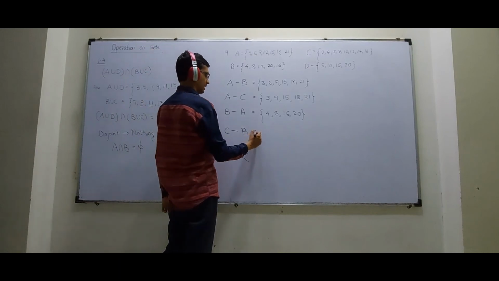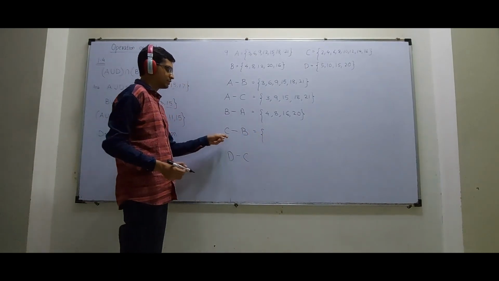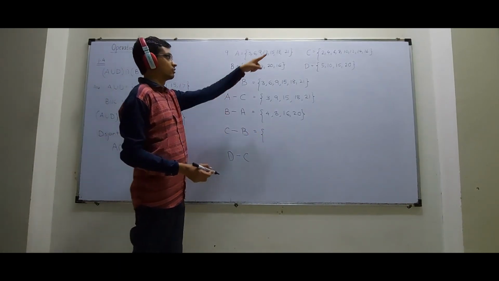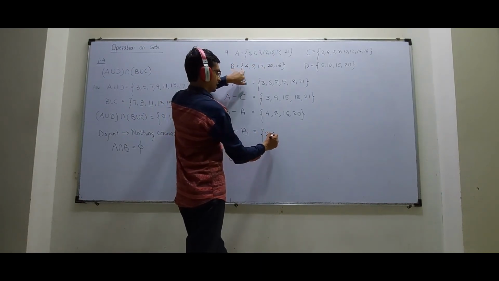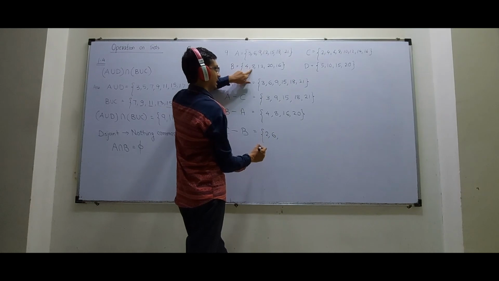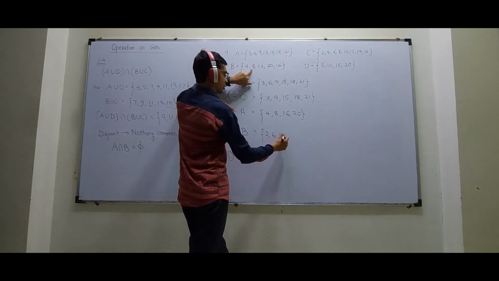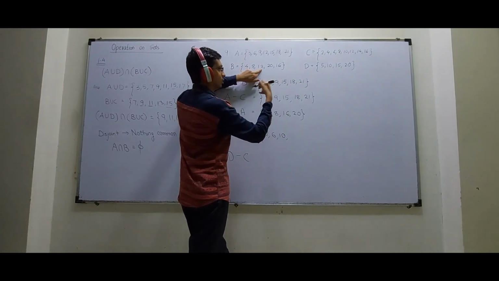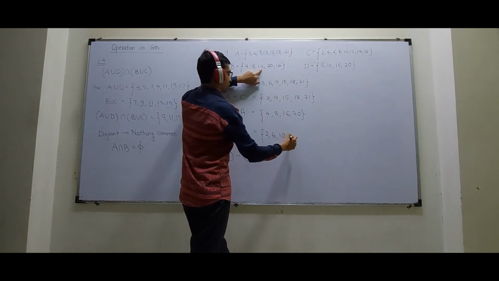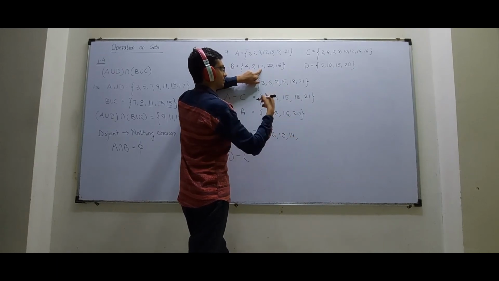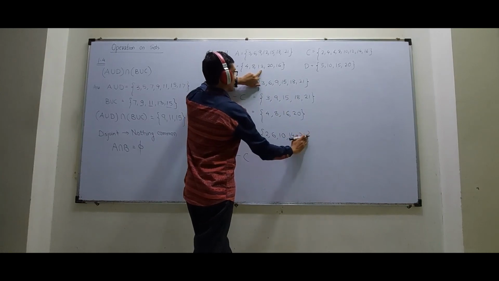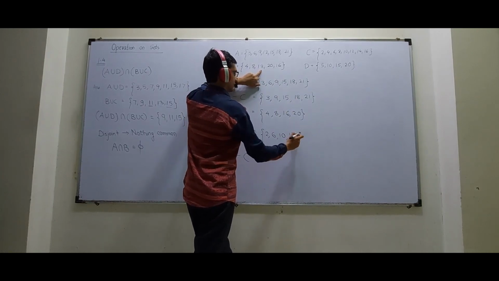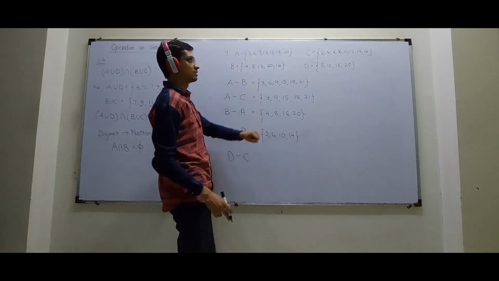C minus B, all elements from set C. So see, 2 not present, 4 is there, 6 not present, 8 is there, 10 not present, 12 present, 14 not present, 16 is there. This is your answer.